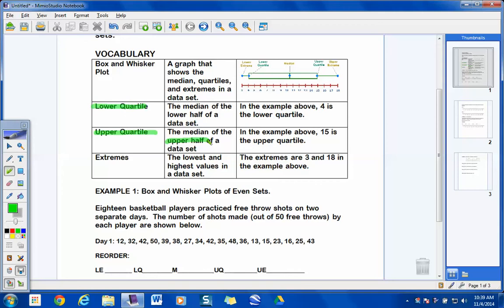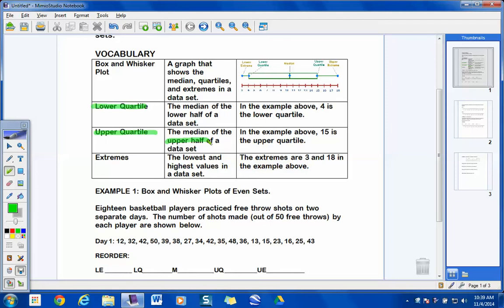What's this say right here, gang? What's the middle of the upper half? 15. And that 15 represents, what's the word up here? Upper quartile, all right? Over here, what appears to be the middle of the lower half of data, or in other words, the lower quartile? What value does that appear to be? What's that appear to be?